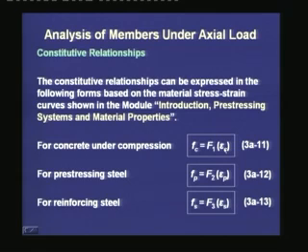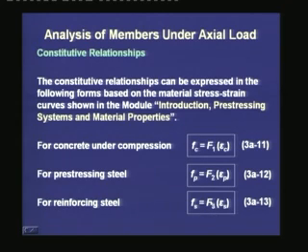We are writing that function as F1 of epsilon c. For prestressing steel, the relationship can be written as Fp is equal to some function of epsilon p, and we are denoting this function as F2. For reinforcing steel, the constitutive relationship can be written as Fs is equal to some function of epsilon s, and this function is denoted as F3.